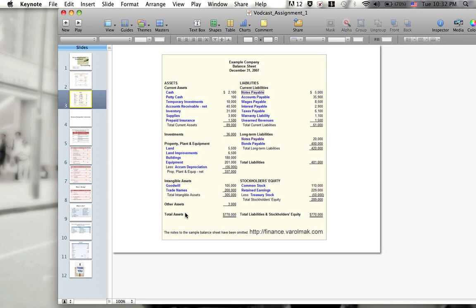We should always keep in mind that the total amount of each category should be underlined, and double underline the total assets and the total liabilities and stockholders' equity. Total assets has to balance with the total liabilities and the owner's equity.